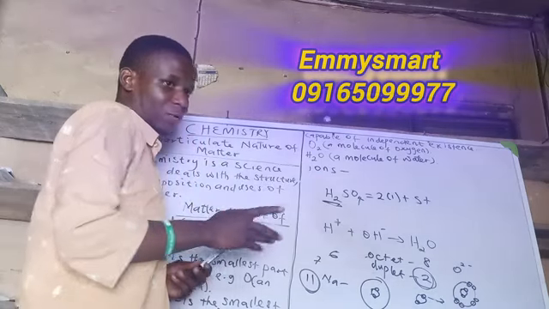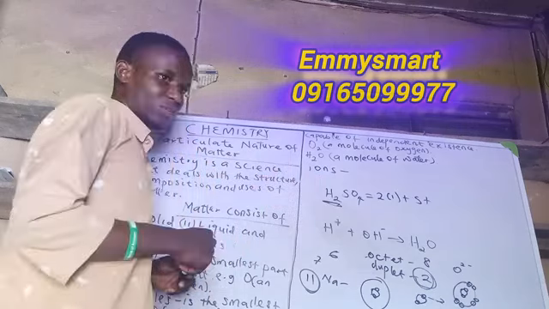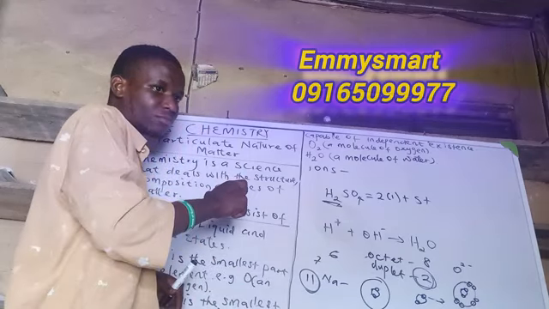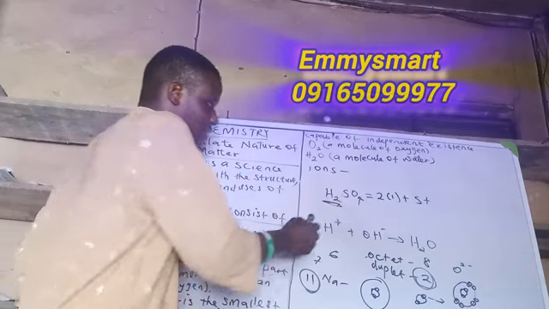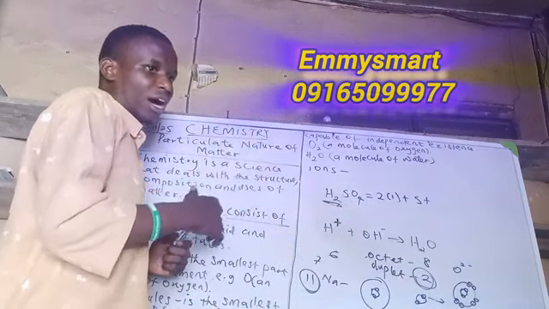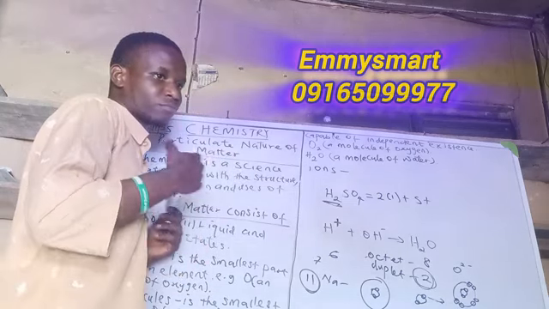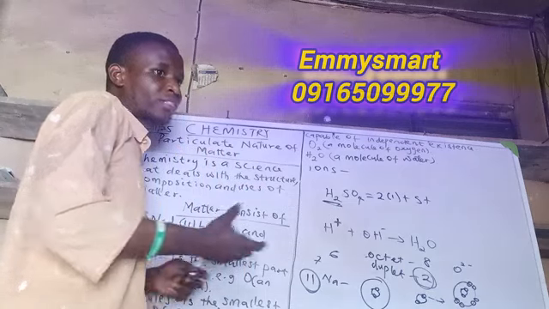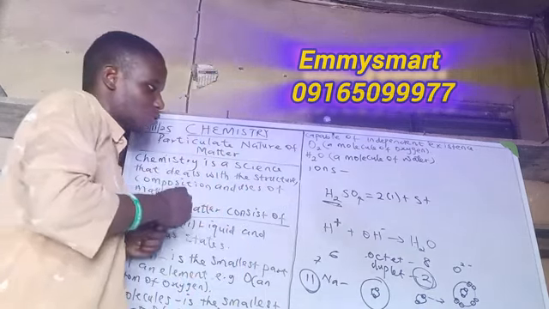Talking about ions now, the charge on an element. When an element gives out an electron, it becomes what? Positively charged. When it receives an electron, it becomes what?